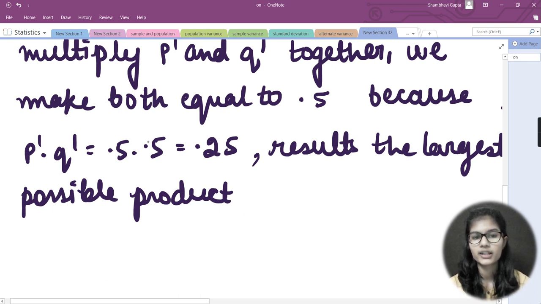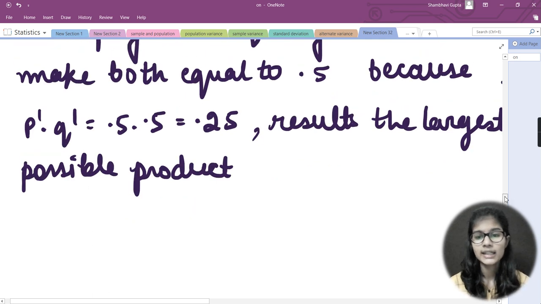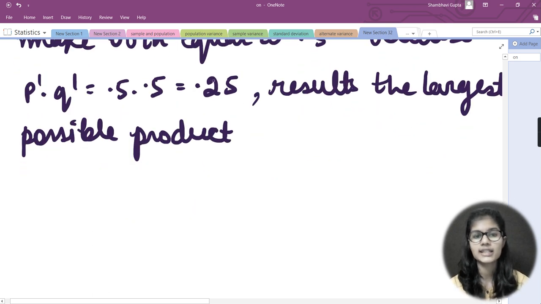Now, if I take 0.6 and 0.4, that results in 0.24, and any other values will not give the correct answer. So these are the maximum values which I can take.